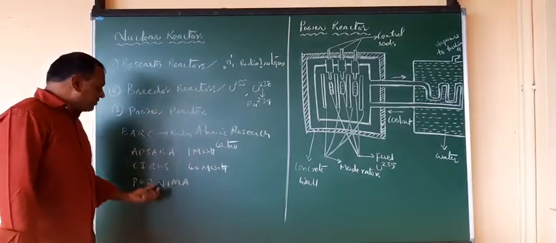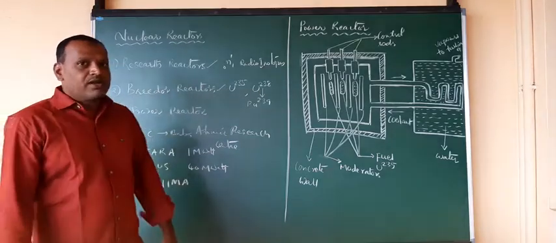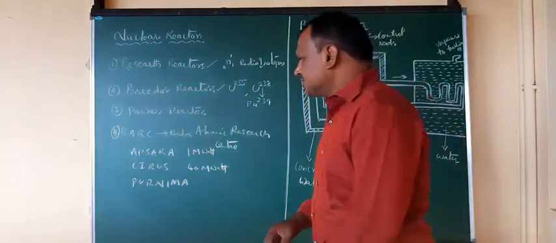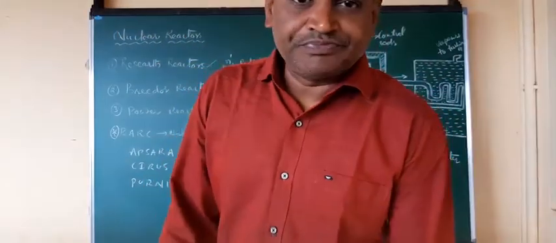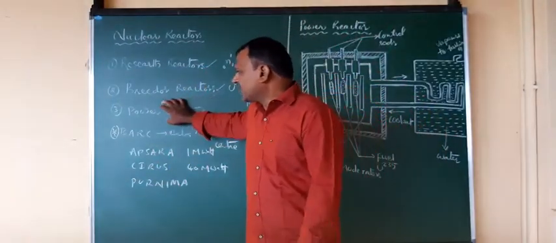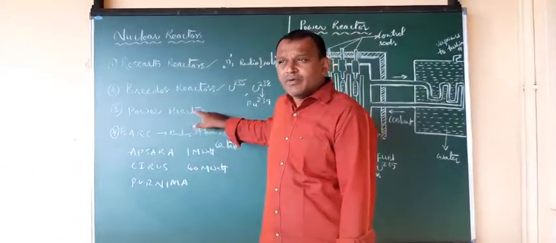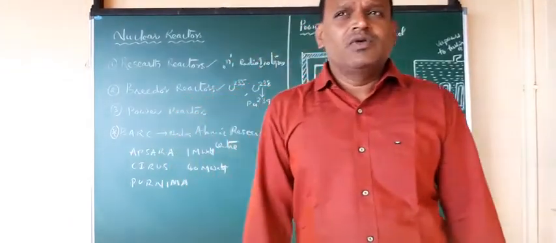So based on these applications, we have the BARC. Under the BARC, all these nuclear reactors work. Right? And now we can study in detail about the nuclear power reactors. For getting power to be generated in a nuclear reactor, what are the requirements?